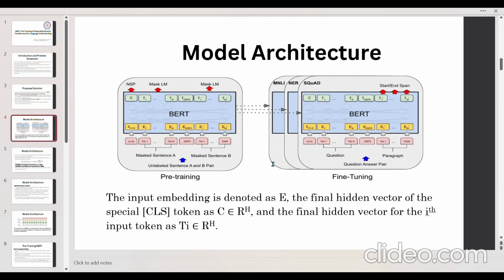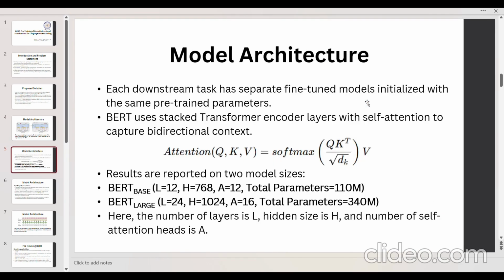This brings us to the model architecture. So here the input embedding is denoted as E. The final hidden vector of the CLS token is denoted as C, and the final hidden vector for the i-th token is denoted as Ti. Each downstream task in BERT is fine-tuned.